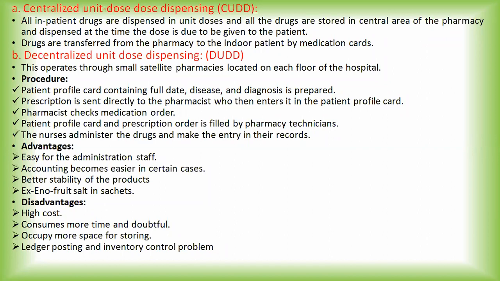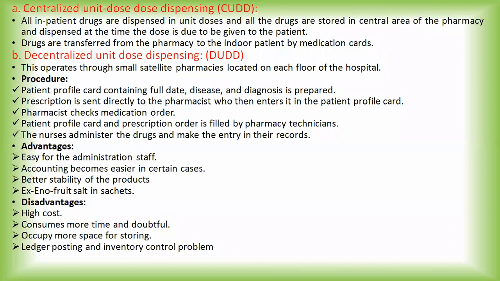Accounting becomes easy in certain cases. Stability of the product is maintained properly. For example, fruit salt in sachet, it may come in bulk depending upon the drug. Give the drugs in unit dose and distribute it.